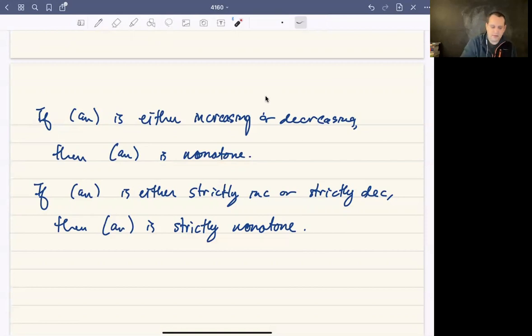Now, it turns out that, and I'll call this a theorem. In fact, this has a name, so let's just call it by its name. This is called the Monotone Convergence theorem.